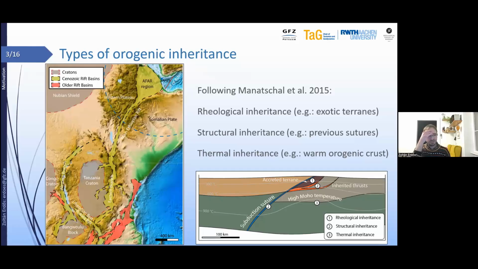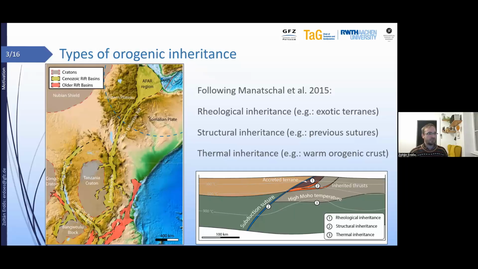It's challenging to pinpoint examples of these types of inheritance in rifted margins. But we tried our best, and looked at the East African rift system, an active rift system, to show examples of how these different types of inheritance might work.